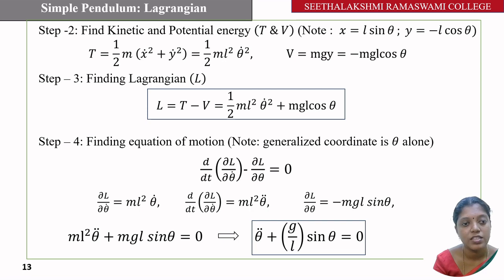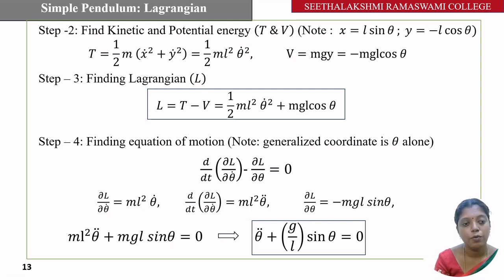So it is obviously the gravitational potential that needs to be considered, which is m g y. You just substitute y, replace y by minus L cos theta, and obtain the potential energy. From the kinetic energy and potential energy, you will obtain the Lagrangian. Once the Lagrangian is known, the equation of motion can be easily obtained.